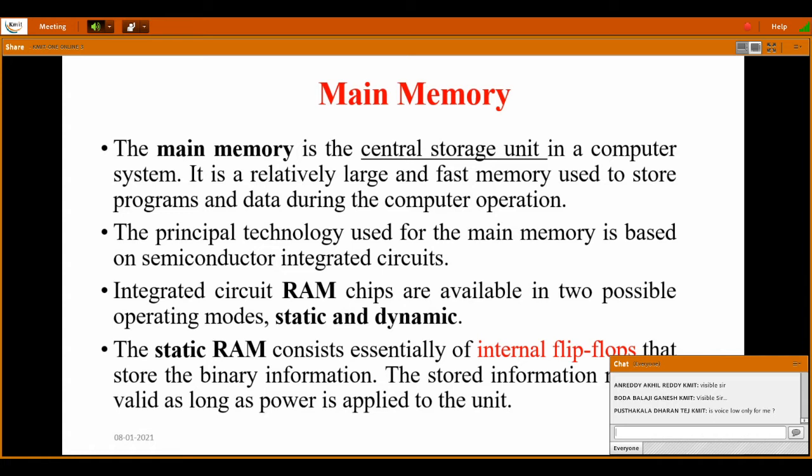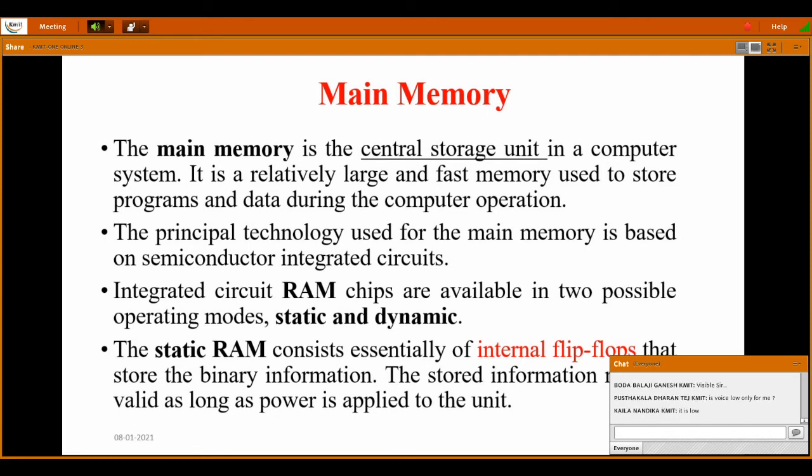The RAM chips are available in two possible operating modes: one is static and the other is dynamic. Everyone knows what static is and what dynamic is. The static RAM consists essentially of internal flip-flops that store the binary information.